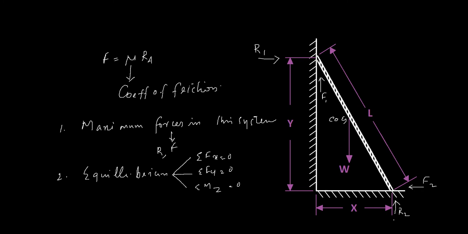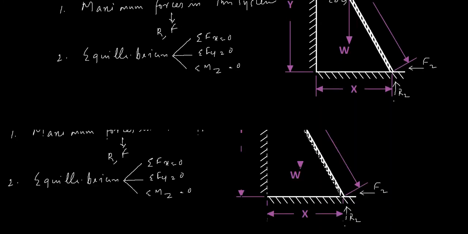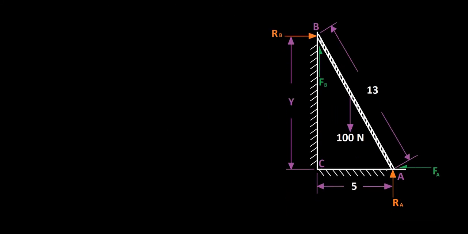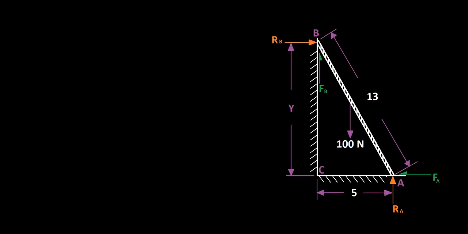Now let's see if we can do a simple problem on this. I have shown the frictional forces and the reactional forces I discussed earlier on. You have points A, B and C, a ladder of weight 100 Newton acting, and the total length of the ladder is 13 meter, and you have a 5 meter here.